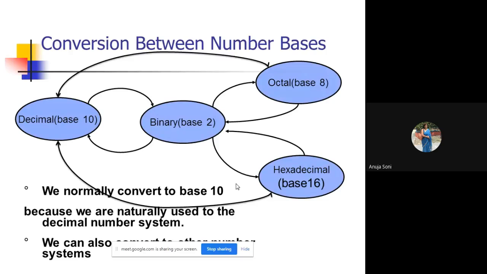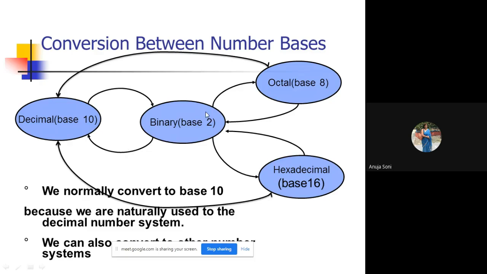Now we talk about the conversion between number bases, different numbering systems. What essentially we do in this chapter is learn the different ways to convert a number from one numbering system to another. What kind of conversions can be done? Once you have a number in decimal, this will be your first case. You will have a decimal number and you will be asked to convert it into any other numbering system.